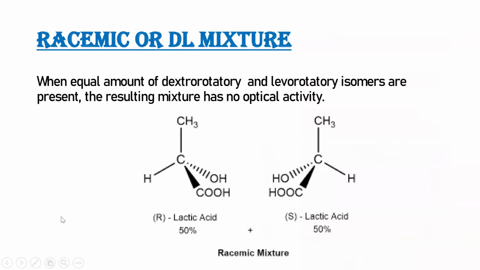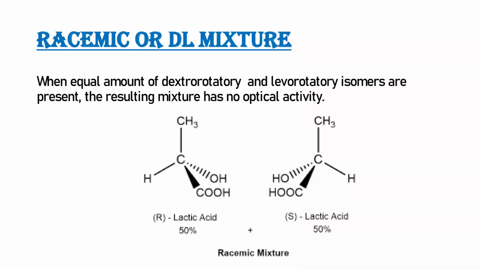Now we are going to look at racemic, or DL, mixtures. When equal amounts of dextrorotatory and levorotatory isomers are present, the resulting mixture has no optical activity. Those kinds of mixtures are called racemic mixtures.